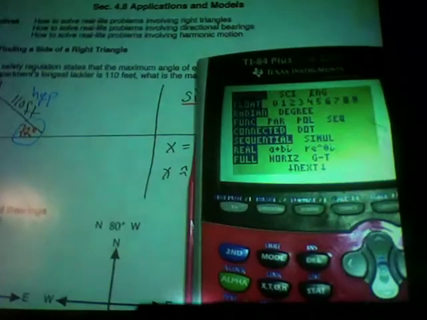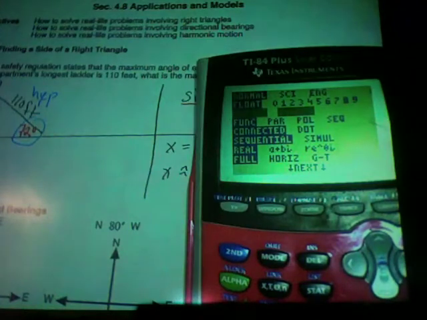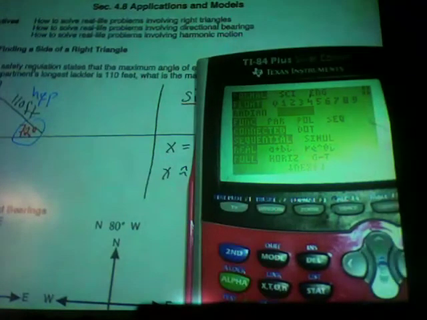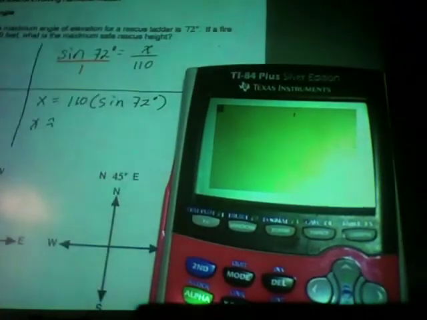Is my calculator in the correct mode? No. So I'm going to highlight degrees, hit enter, and then do second quick. So now I should come up with the correct, hopefully, solution. So 110 times the sine of 72 degrees is equal to.